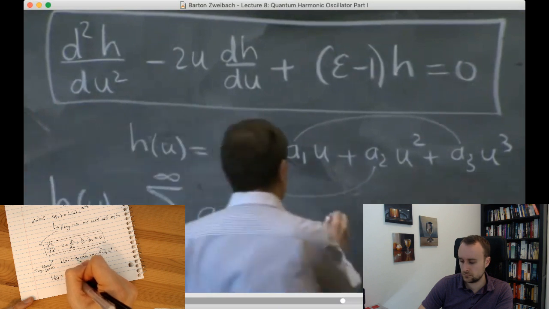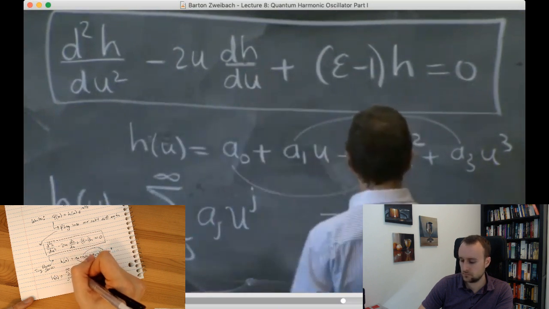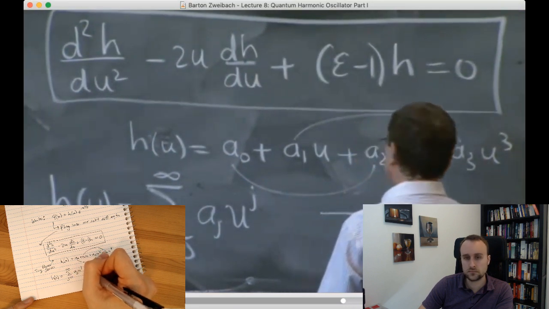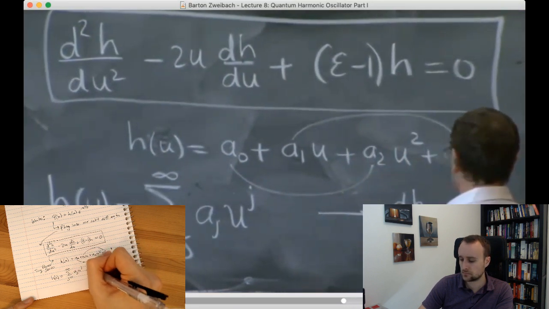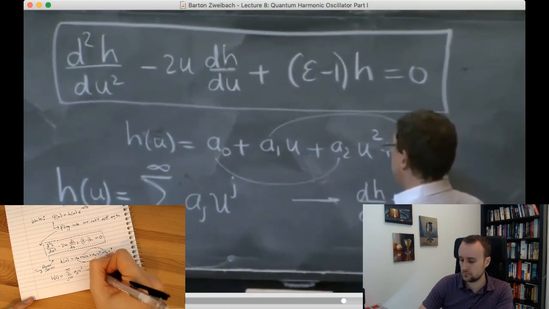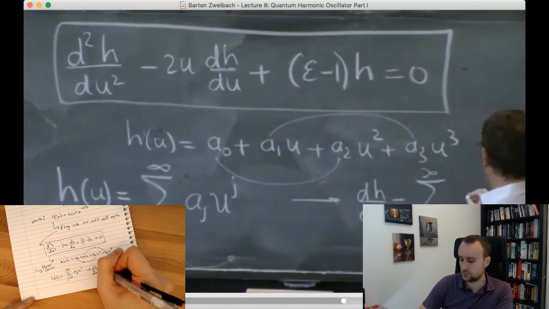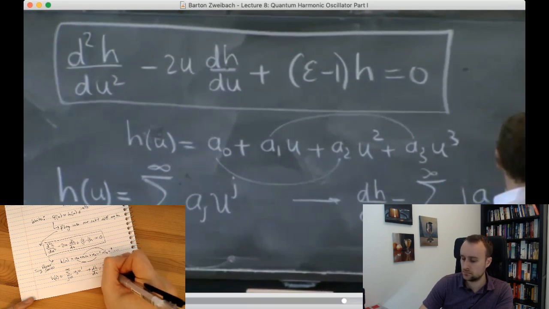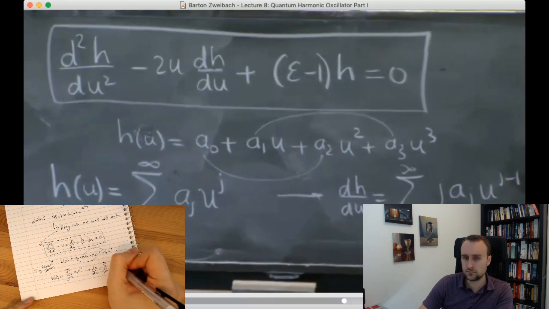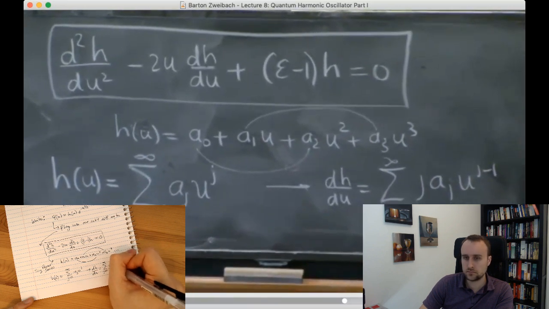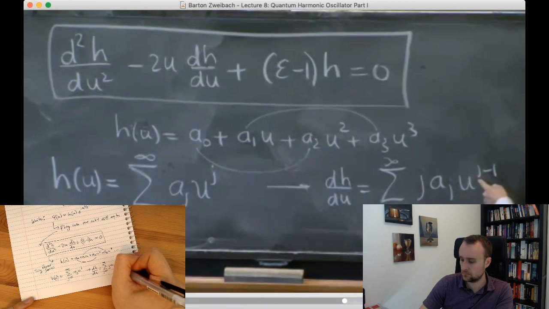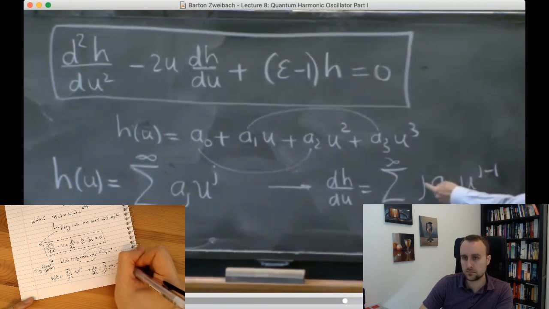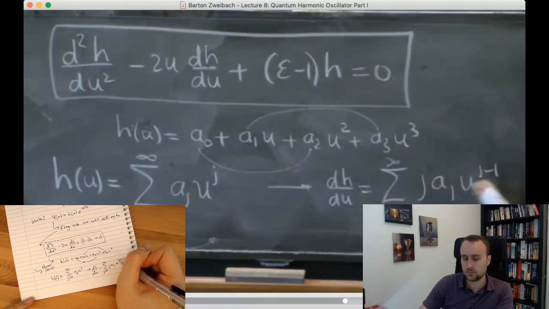Then, because we're going to need the derivative, dh/du would be the sum from j equals 0 to infinity of j times aj u to the j minus 1. You will say, that doesn't look very good because for j equals 0, you have 1 over u. That's crazy. But indeed, for j equals 0, the j here multiplies it and makes it 0.